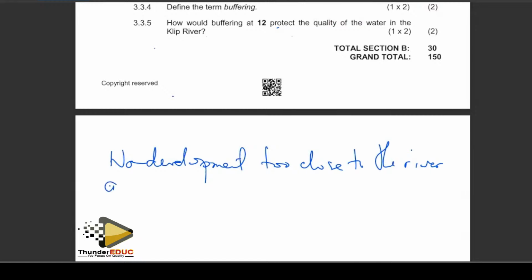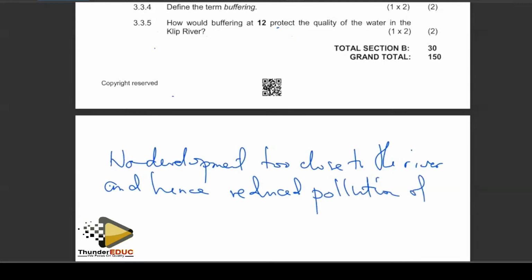And how does that help reduce pollution of the river? It is going to protect the quality of the water by limiting development too close to the river.